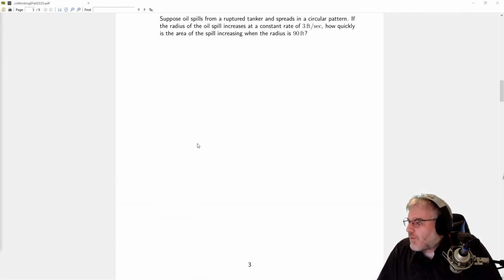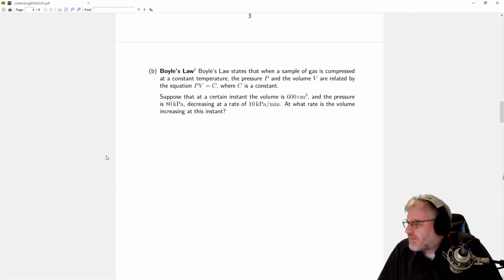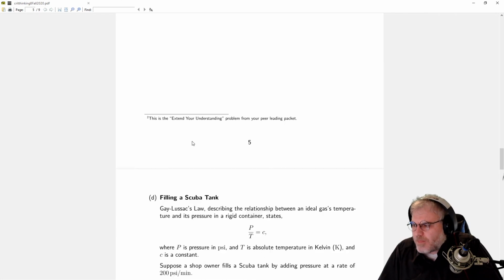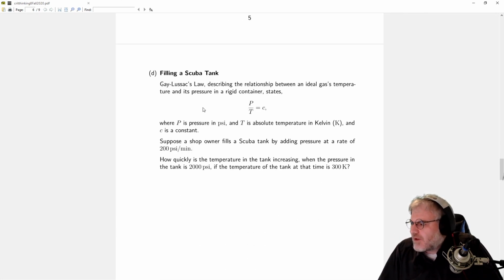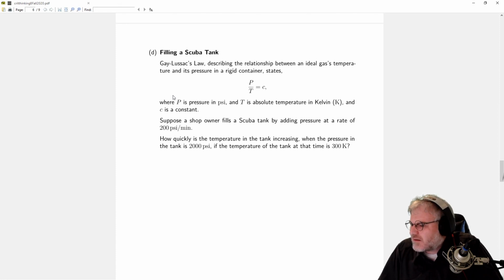Okay? One of them is off the test from, I think, 2 years ago. This one's from the book. This one is the one from peer leading. The second problem, the cone. This one here, I think I put it on a test last year.